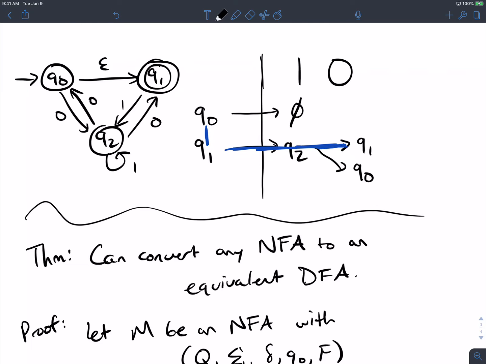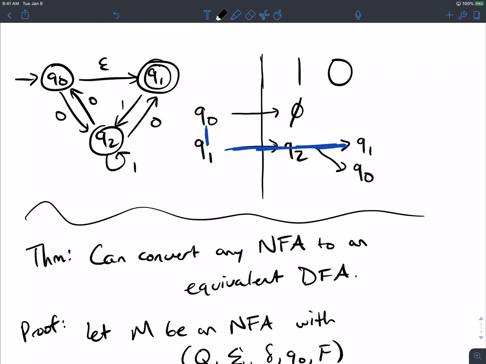Well, what about the other case? Could I go to all of the states possibly? I can be in all states via some choices that I made. Could I possibly do that? Maybe not with this example, but in principle I could. Could I go to any subset of states, possibly?